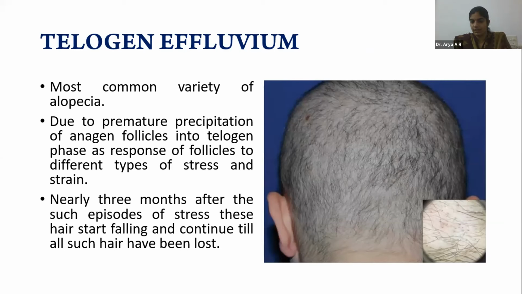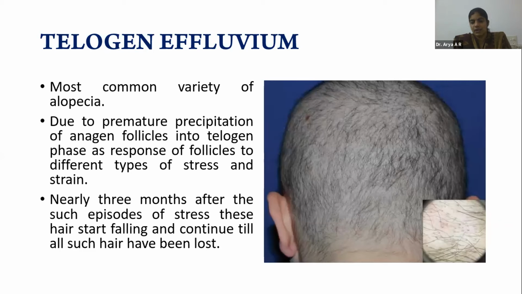In this condition, the anagen follicles directly come to the telogen phase without the intermediate catagen phase. So they start to die off and fall off suddenly. More hair will fall off, and it leads to a diffuse pattern of alopecia.